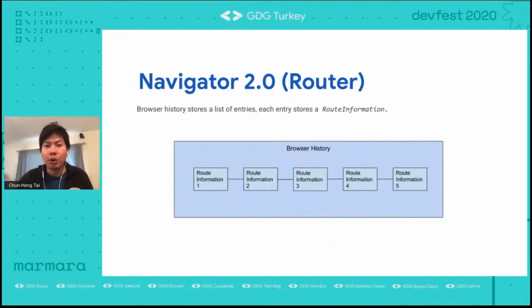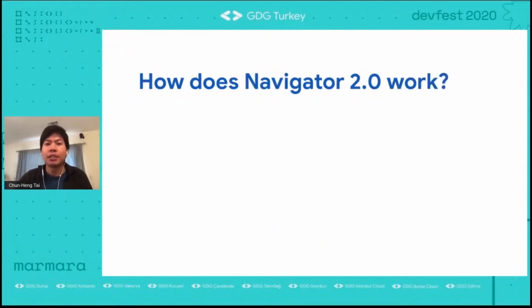In Navigator 2.0, we leverage the same browser history entry, and for each entry, we store the route information so that the browser forward and backward buttons will work natively. So how exactly do you write a Flutter web application using a router?